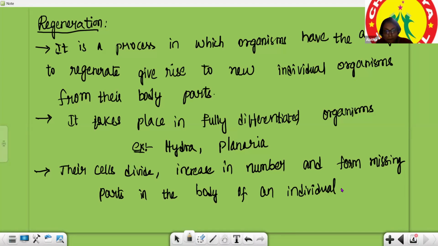Whenever a part is removed, cells immediately start dividing, increase in number, and develop into a new individual.